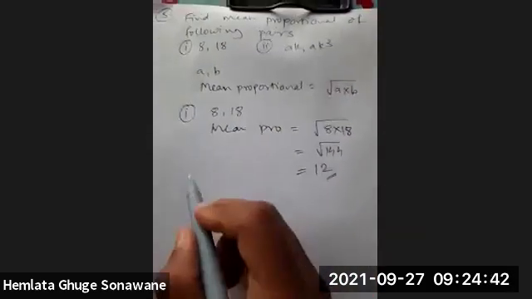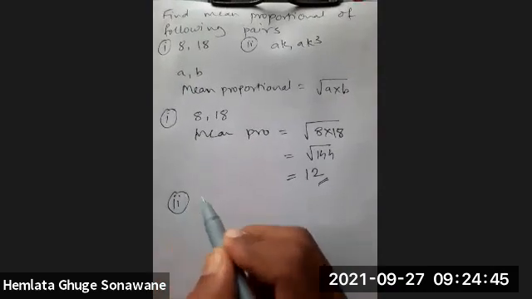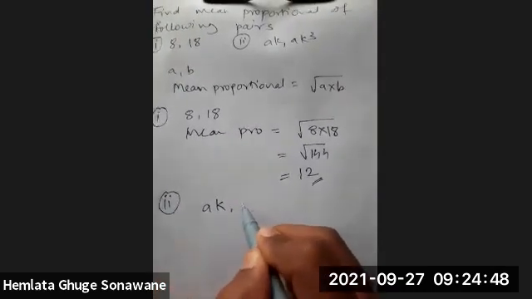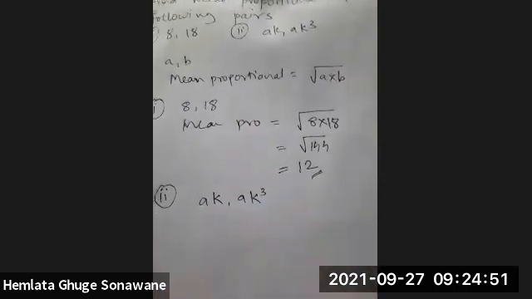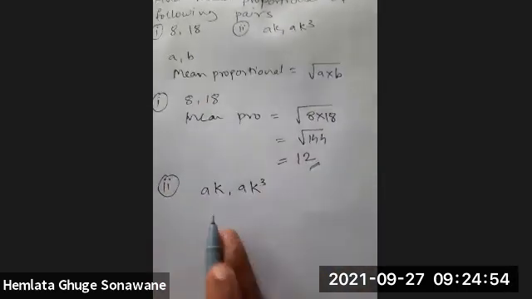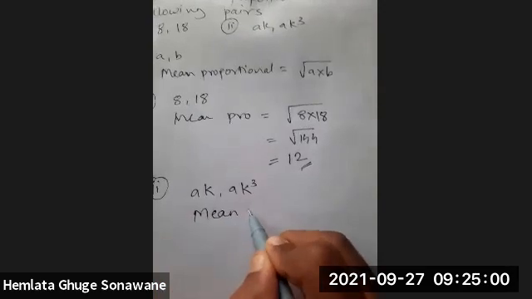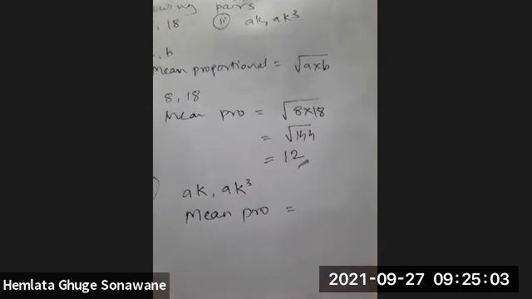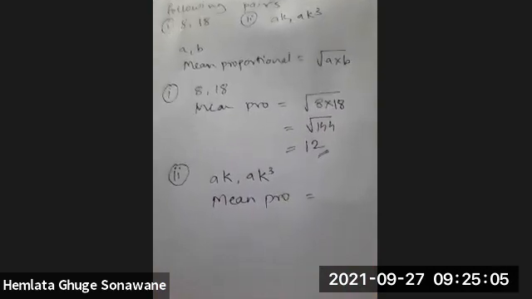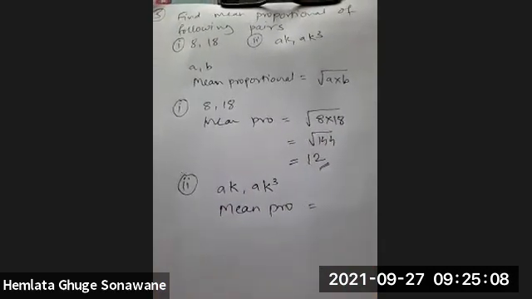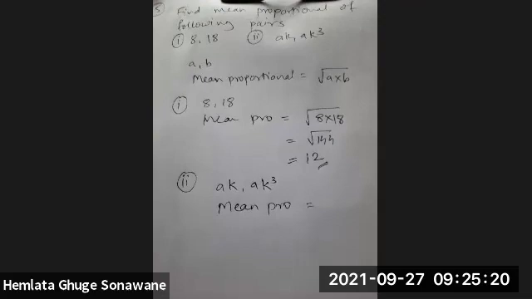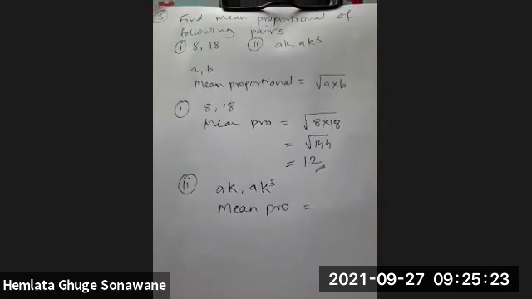We'll solve the next one, that is AK and AK cube. Now how will we find the mean proportional for AK and AK cube? Please solve in your notebook and explain. Other students, please solve the examples in your notebook and answer.